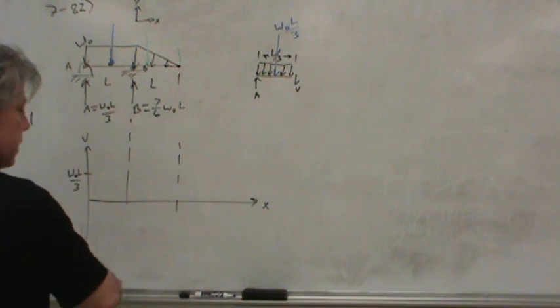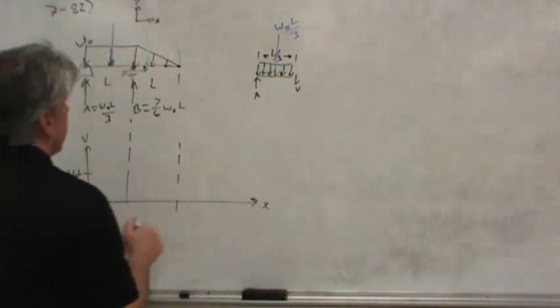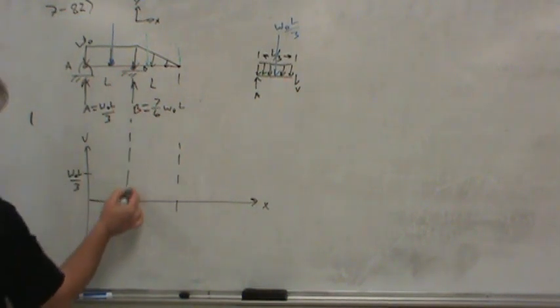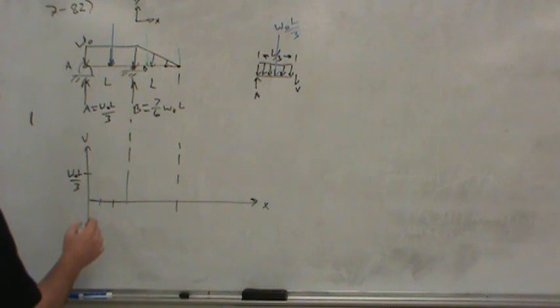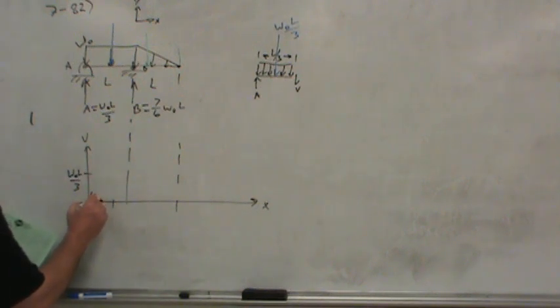But that's the magnitude of A, and so these two will cancel, and we won't need any shear at that point. So at length divided by 3, so length is from here to here, so cut it into thirds. Right there, the shear goes to 0 at L over 3.